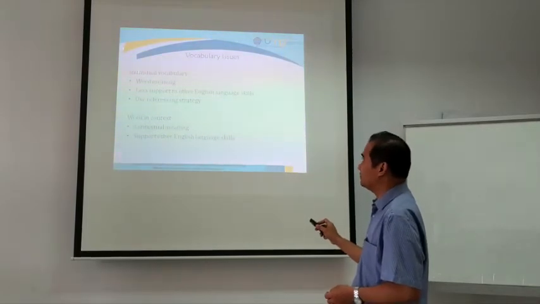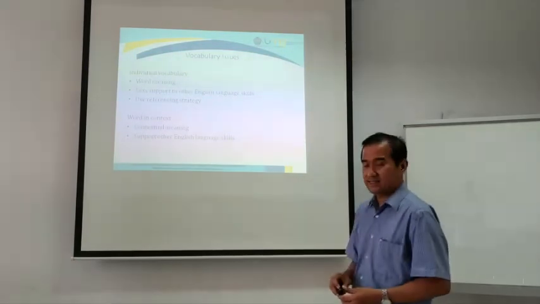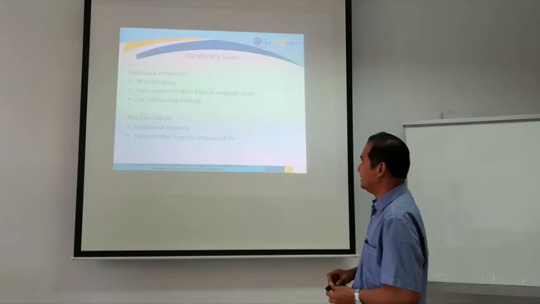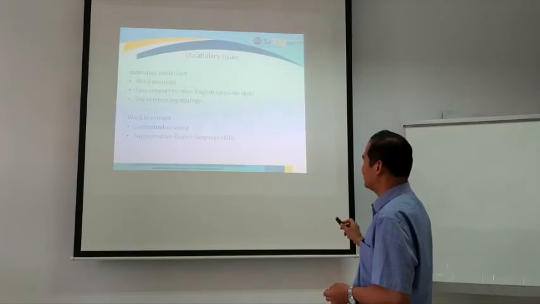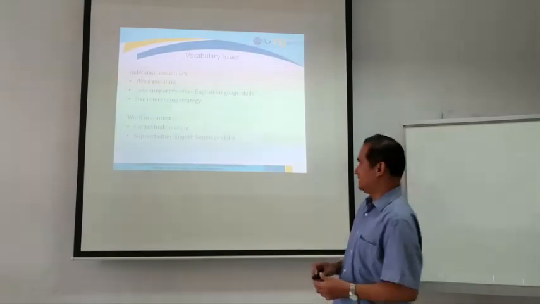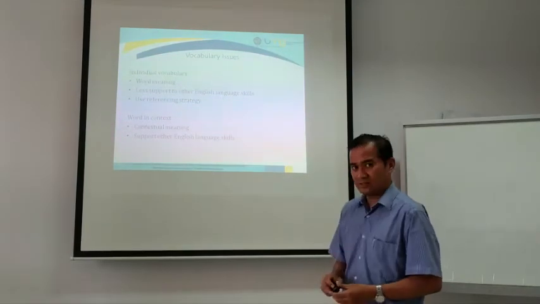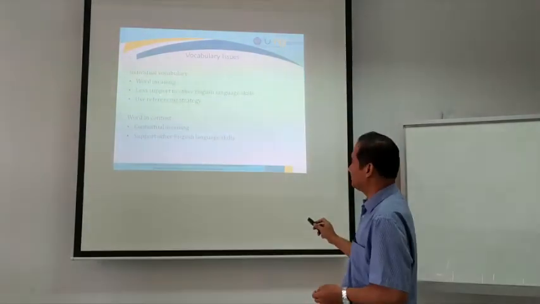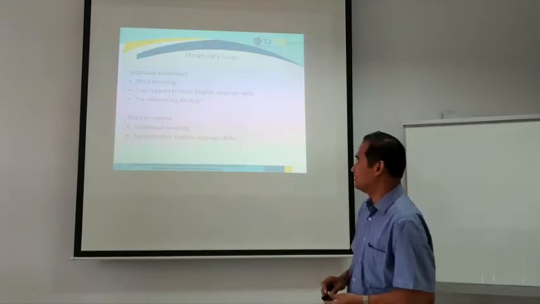So for an unfamiliar word, the meaning will be searched in the dictionary, and the student will just see the meaning of the single word. But the weakness is that it gives less support to other English language skills. When we are teaching individual vocabulary out of context, it cannot provide support for other English language skills for the students.